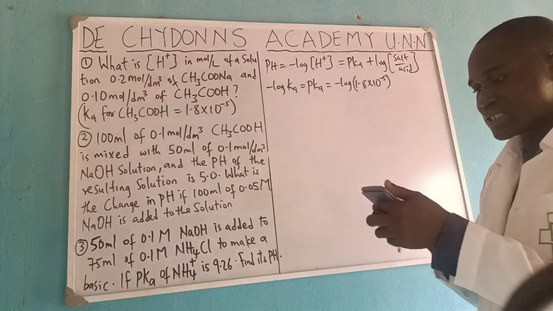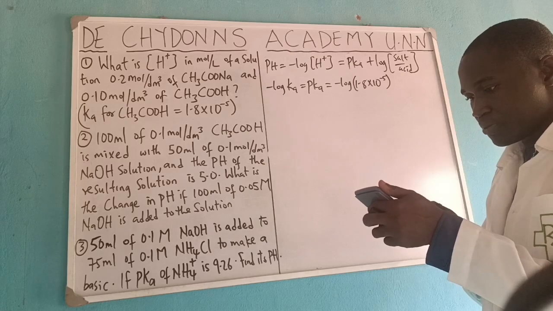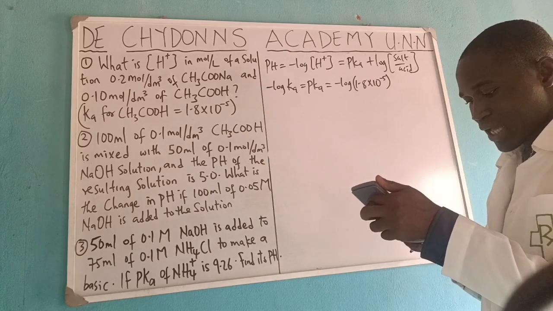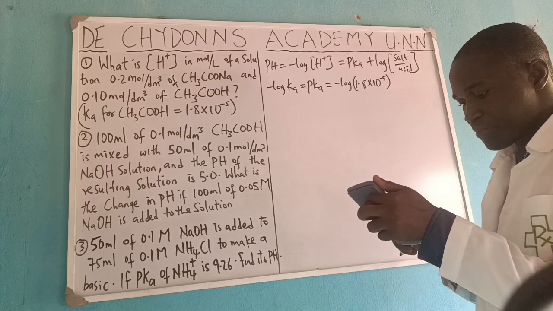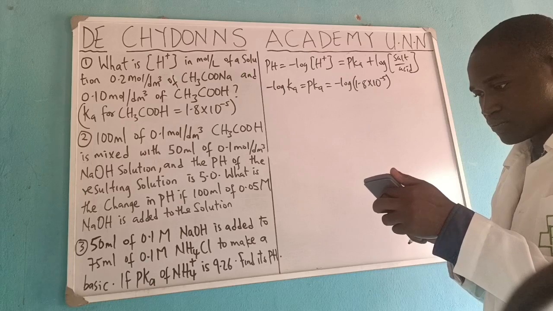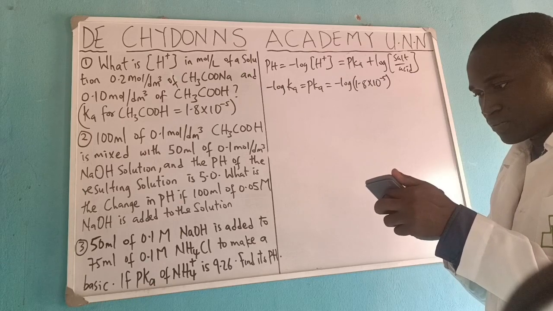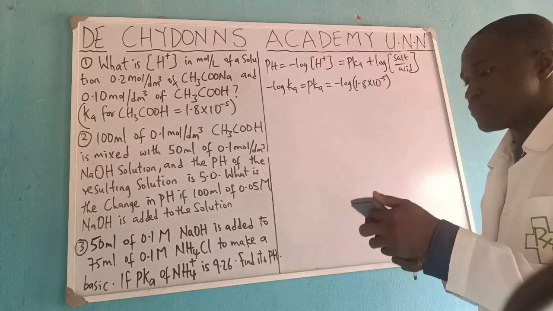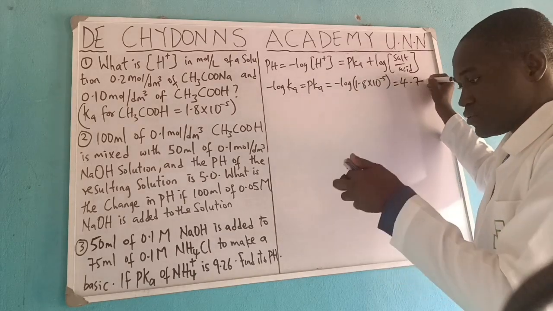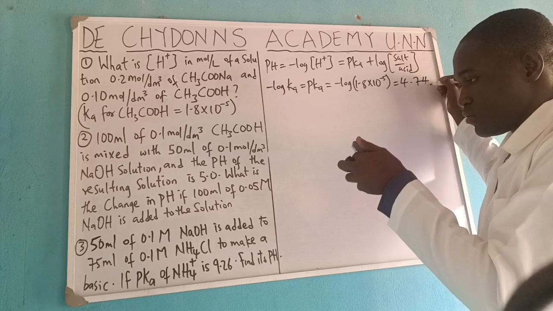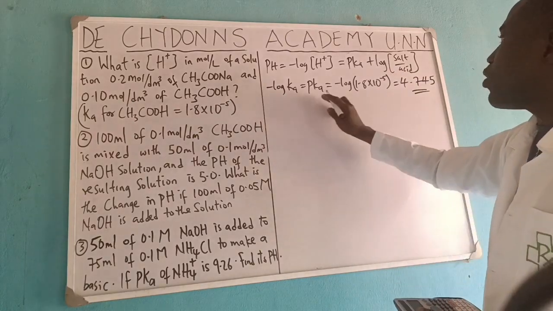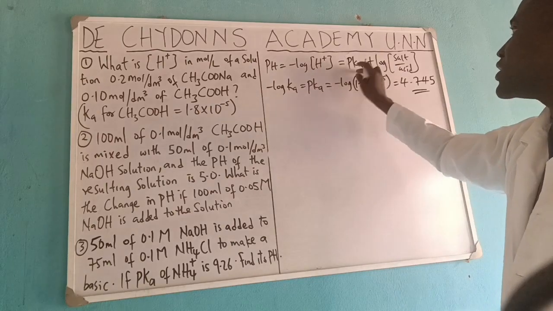Then we press it in the calculator, minus log of 1.8 times 10 raised to the power of minus 5. So that gives us 4.745 as the answer. That is our pKa.